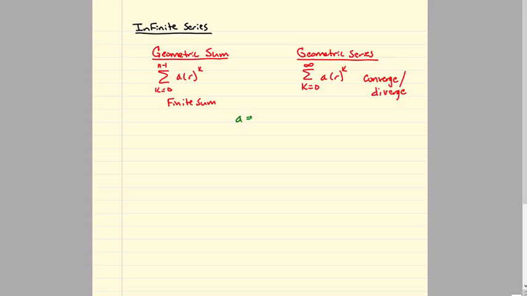A is the first term of the series. Now, r is the ratio that you multiply each subsequent term by. So r is the ratio.